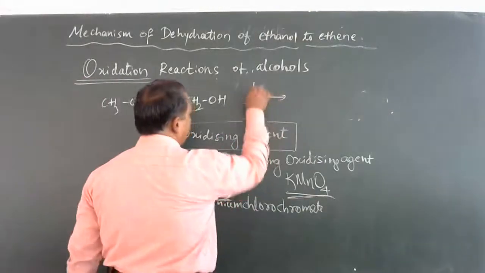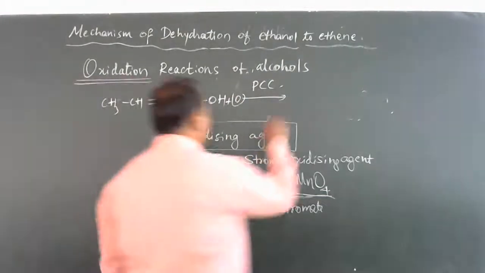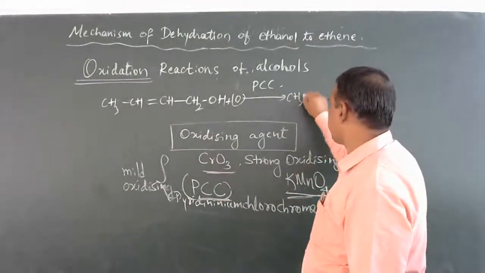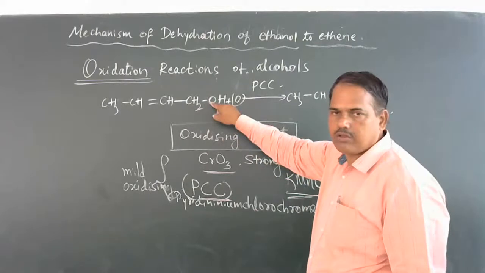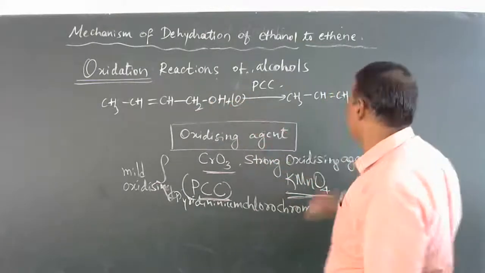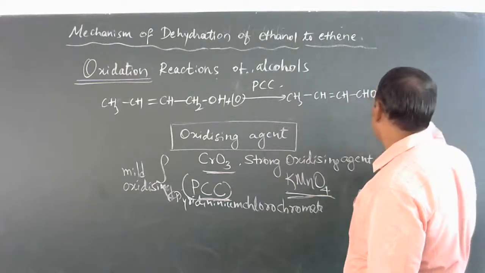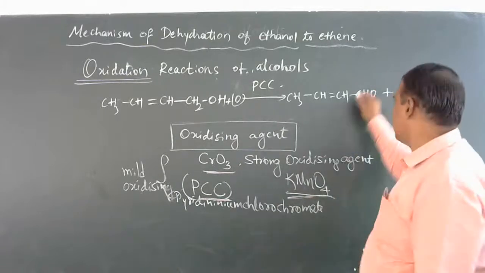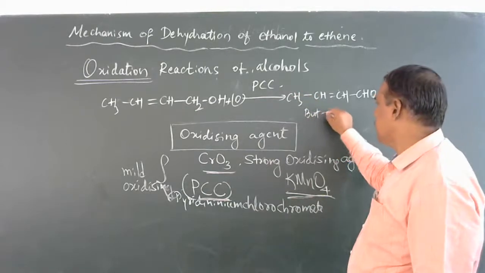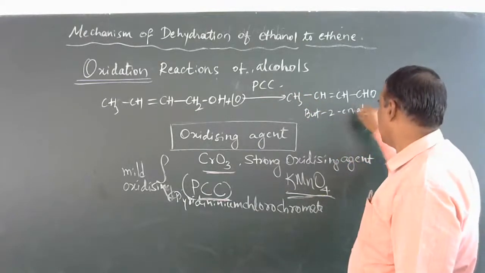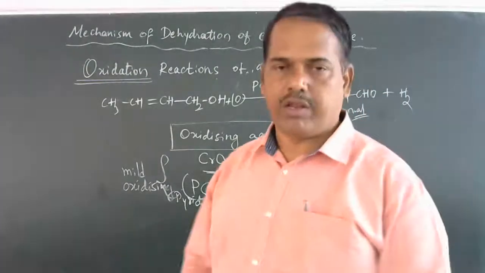When it reacts with PCC on oxidation, we get CH3-CH=CH, and the CH2OH is dehydrogenated, so an aldehyde group is formed, plus H2. This is 1, 2, 3, 4, but-2-en-1-al. It is a butenal, and an aldehyde is obtained.